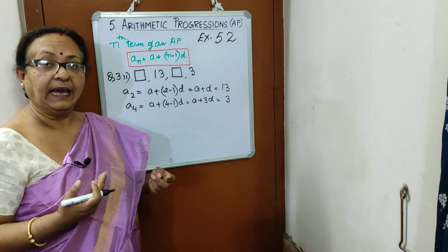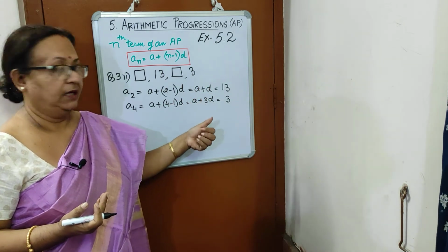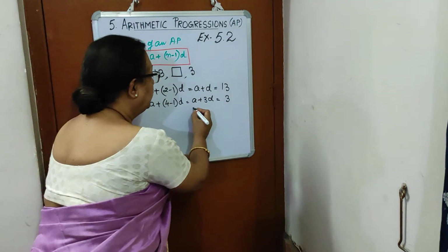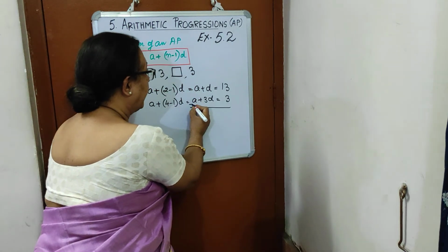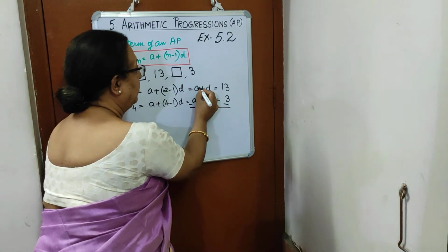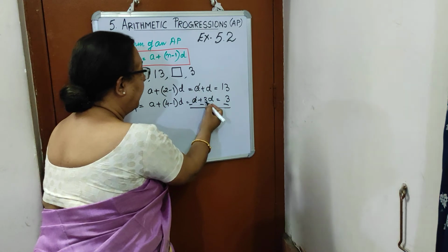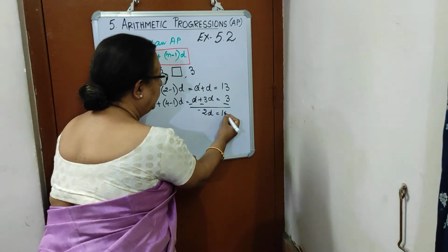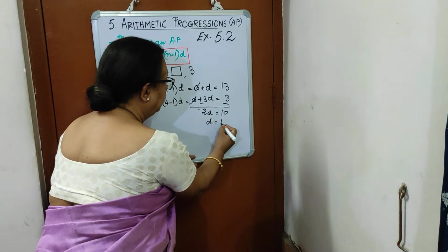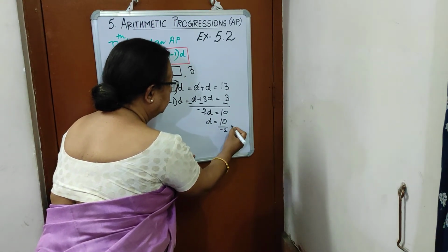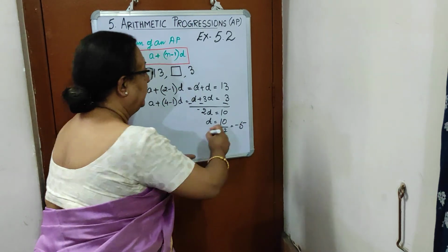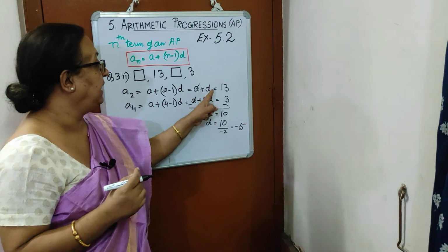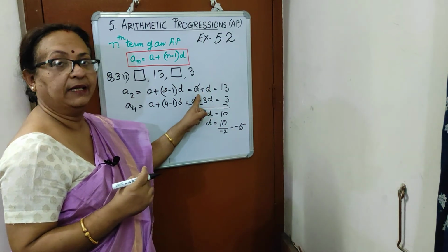You can apply any method to find out a and d. We can go here by elimination method. For elimination, we subtract. Plus a minus a, d minus 3d is minus 2d, equal to 10. So d will be minus 5.